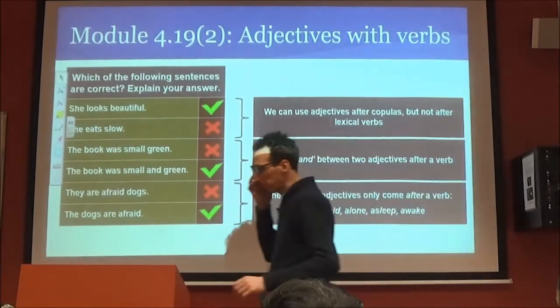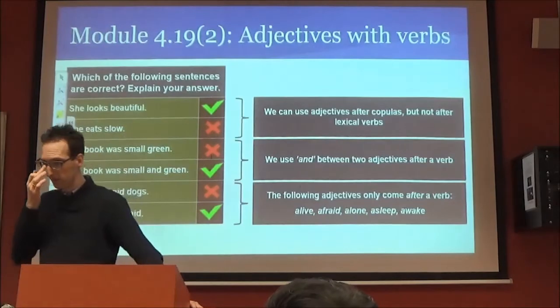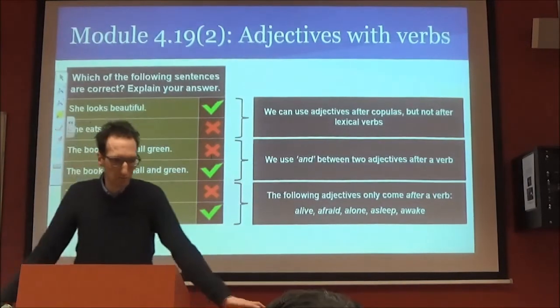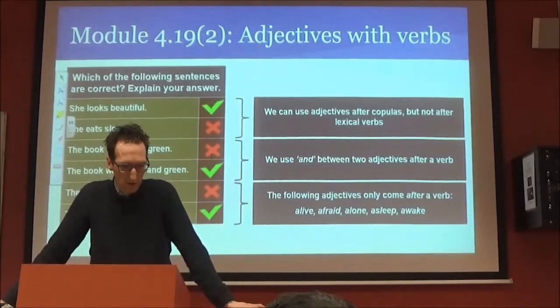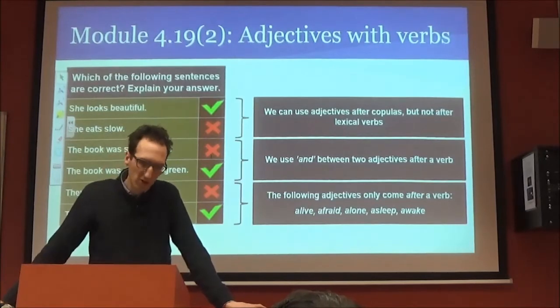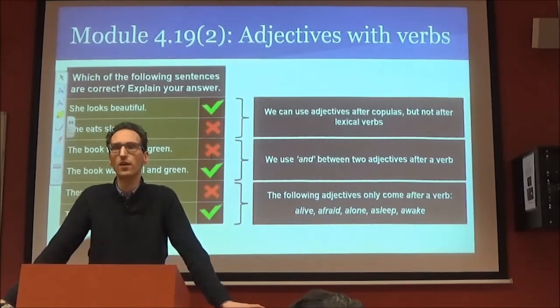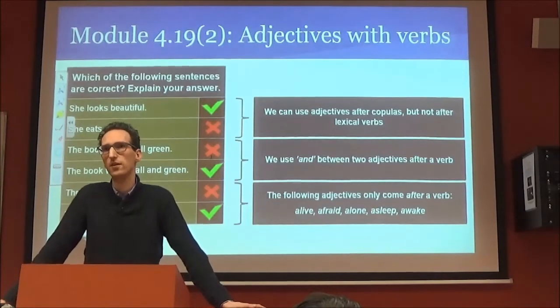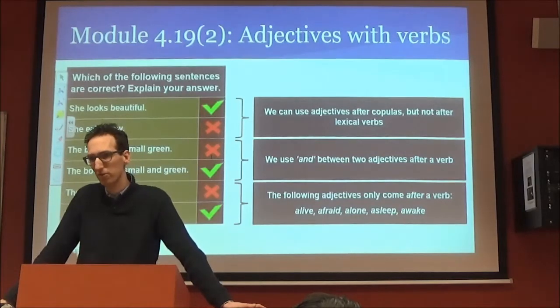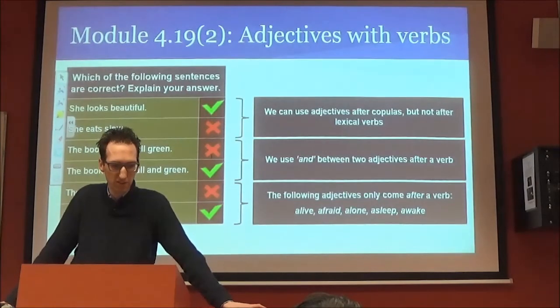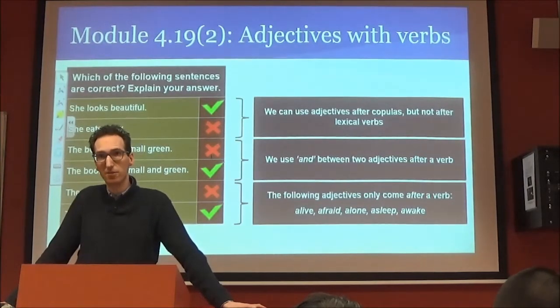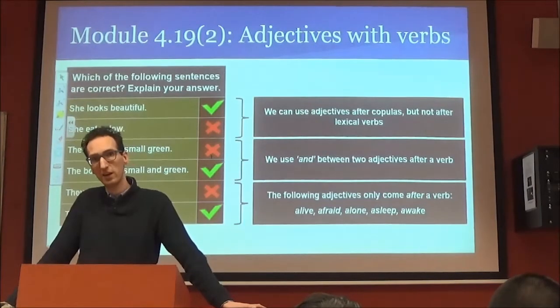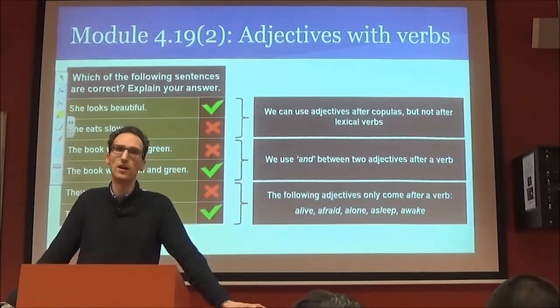Attributive means they come before the noun. Predicative means they come after the noun. So, the beautiful dog includes an attributive adjective. Beautiful is an attributive adjective. Afraid is a predicative adjective. The dogs are afraid. You can't put it in front of a noun.